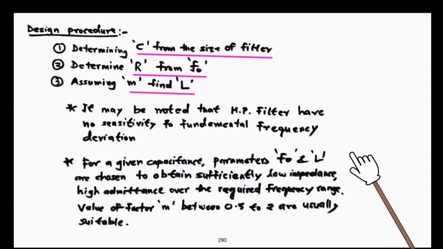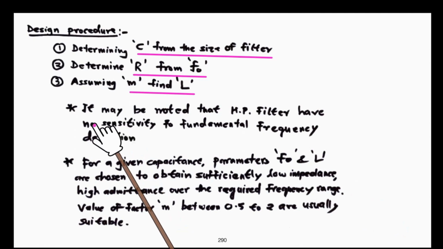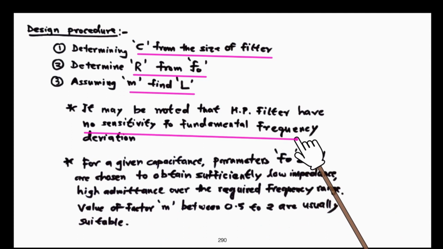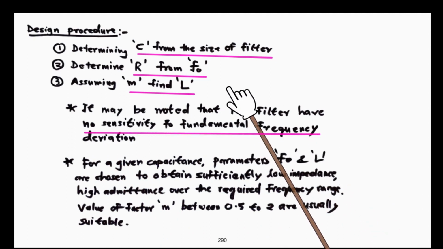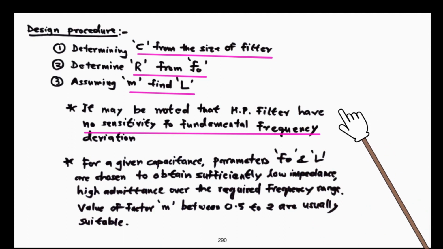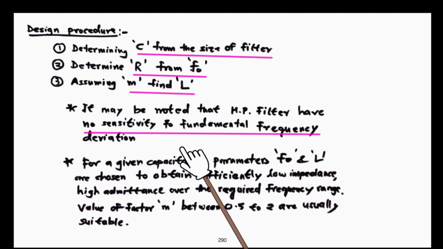It may be noted here that high pass filters are not sensitive to the fundamental frequency. Slight variation in the fundamental frequency will not affect the operation of a high pass filter. So in other words, we can say that the tuning of the high pass filter is not critical with respect to the fundamental frequency.